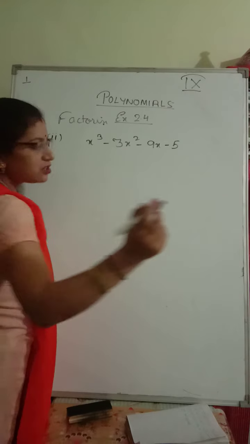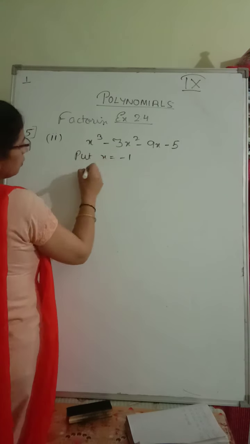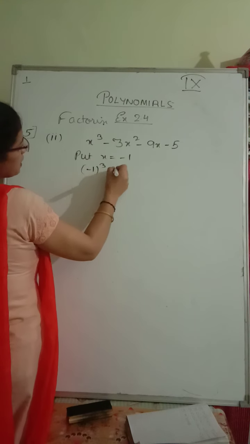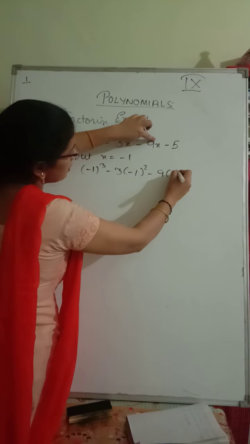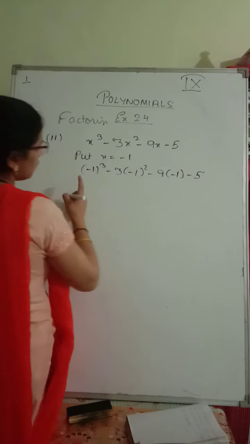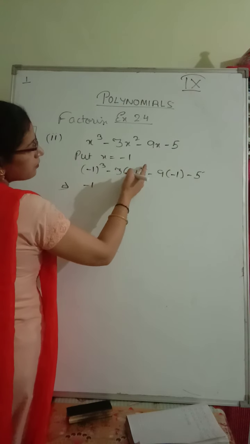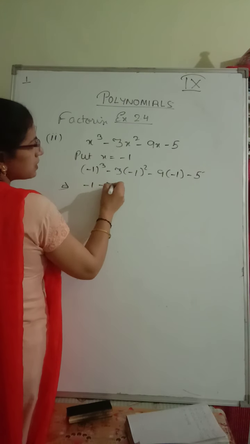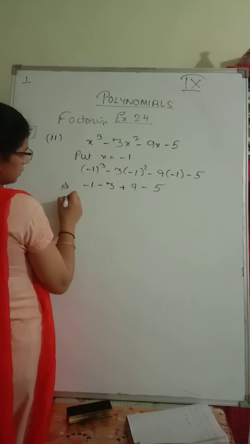Put x equals minus 1. So minus 1 cube minus 3 into minus 1 square minus 9 into minus 1 minus 5. Minus 1 cube means minus 1, odd power. Minus 3, minus minus plus 9, minus 5.